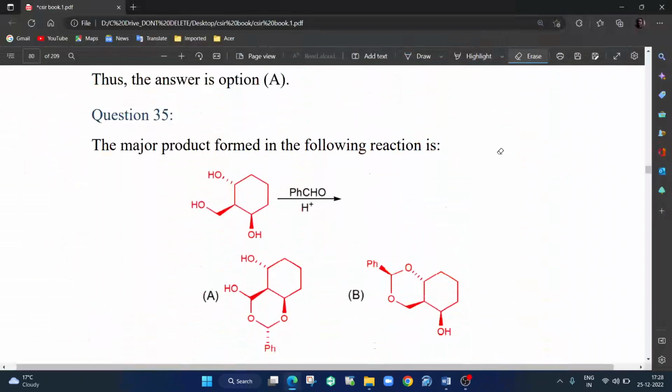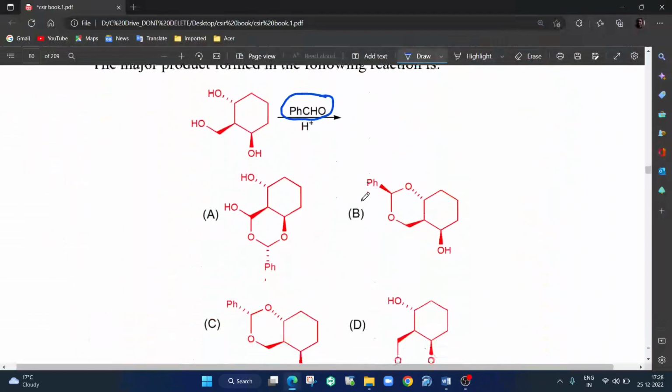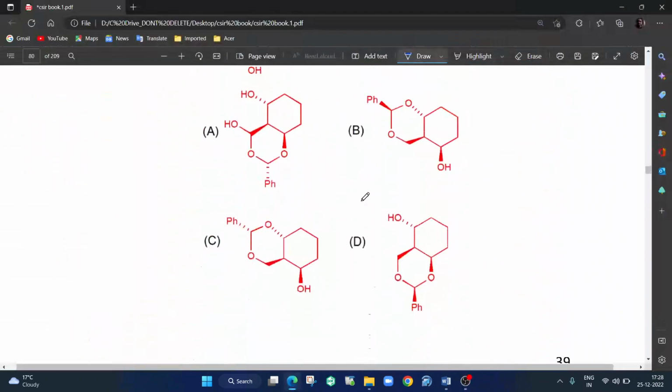The major product in the following reaction is, so we are having diols basically, 1,2 and 1,3 diols kind of stuff, and you are adding benzaldehyde. So of course we know this will form acetal, and adding H+, it is asking which will be the product formed. So this is an interesting question.